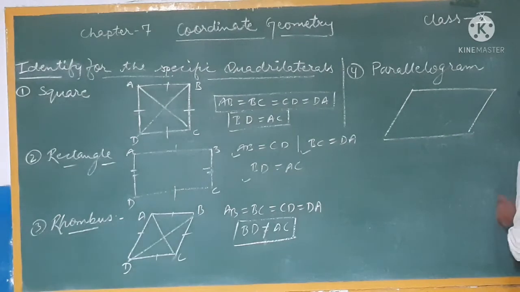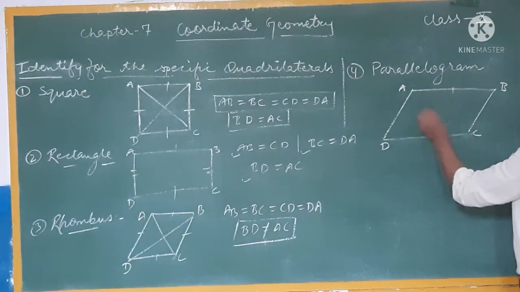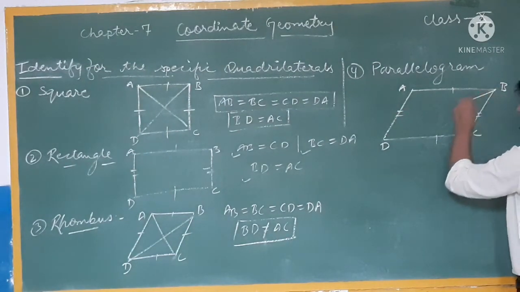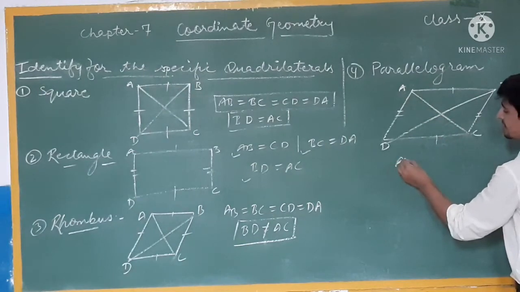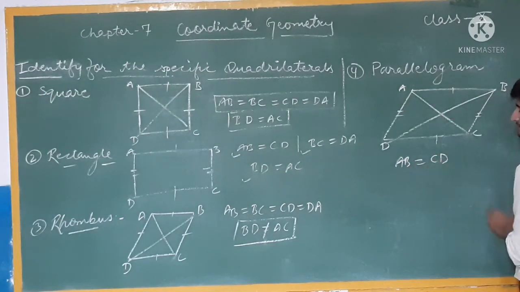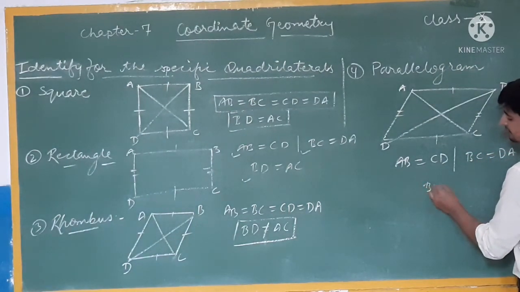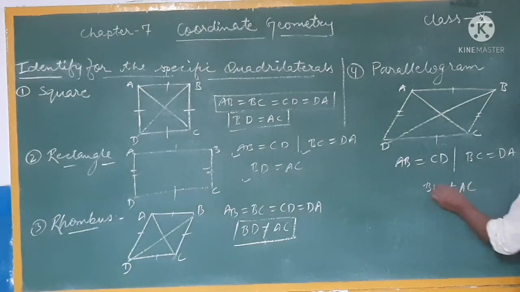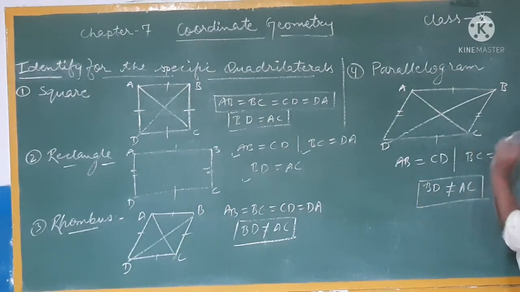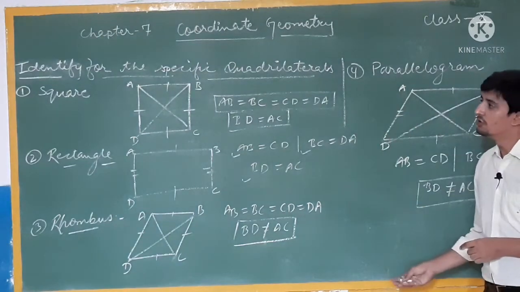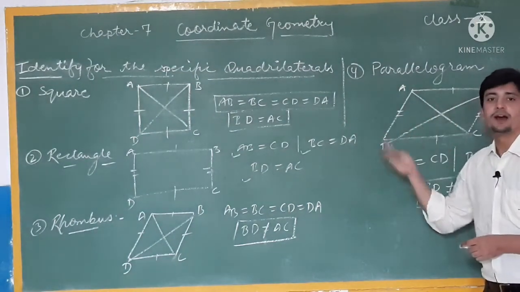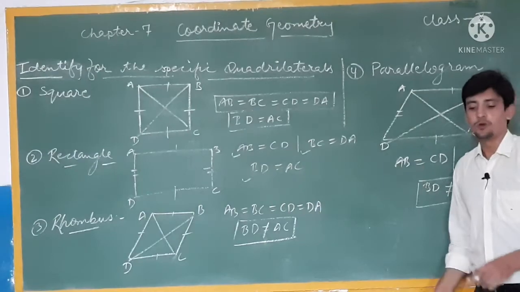This is the shape of the parallelogram. Here I have A, B, C, D. Opposite sides are equal, but diagonals are not equal. I can write AB equals CD and BC equals DA, but BD will not be equal to AC. Understood? This is the property of a parallelogram. These four things you must know to prove whether it is a square, rectangle, rhombus or parallelogram. Understood?